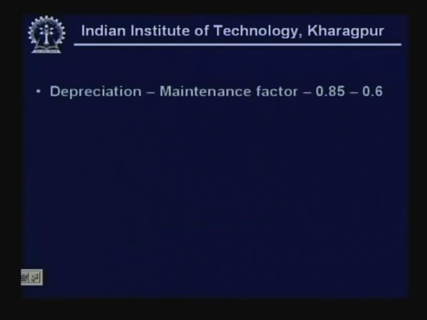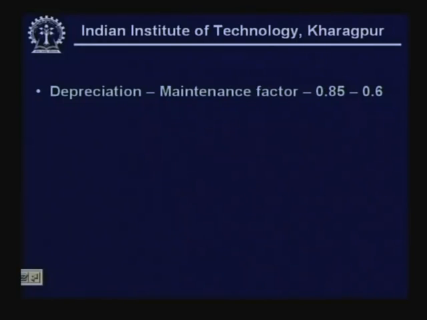Some factors are necessary in order to evaluate, and one major factor is what we call depreciation, also known as the maintenance factor.